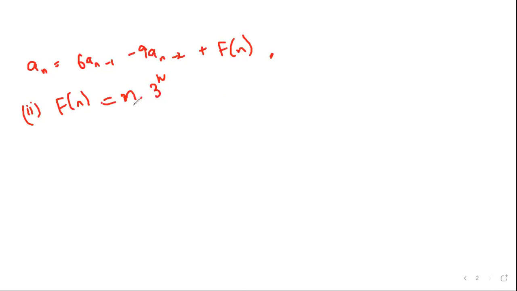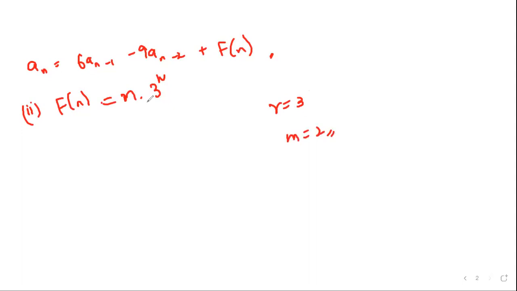What will be the general solution? Our root is the same, 3, and this 3 and this 3 are the same, that is, s is a root of the characteristic equation, and the multiplicity is also 2, as we have already found in the earlier problem.